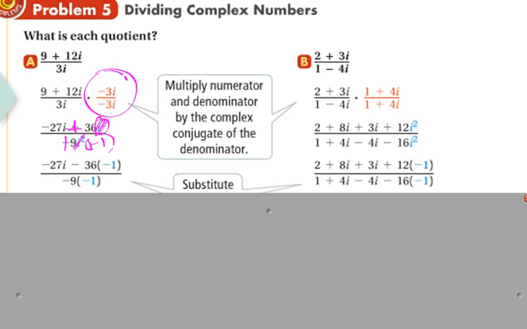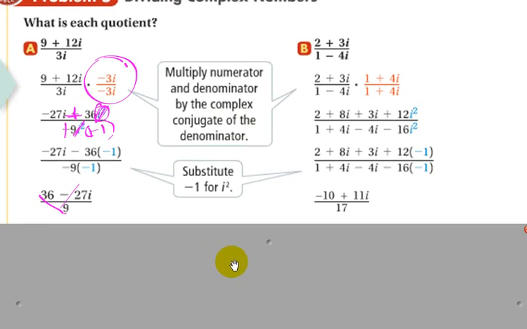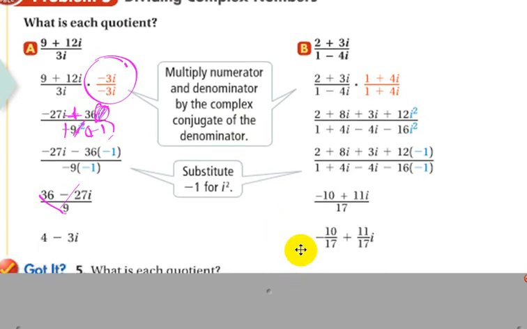So we have negative 27i plus 36 over 9. When you put that in the correct order, it's 36 first, minus 27i over 9. But you can still see that 9 goes evenly into 36 and into 27, so continue to simplify. And that becomes 4 minus 3i. So that's the answer over on the left.